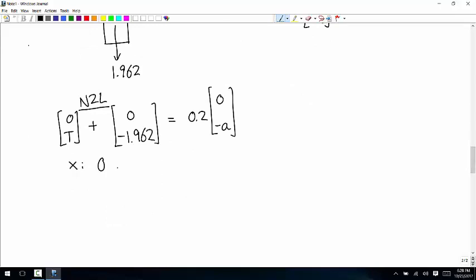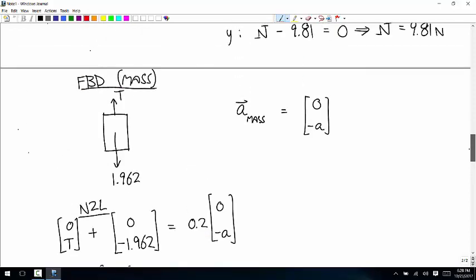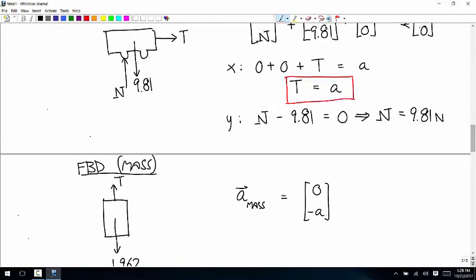The x equation says 0 equals 0, so that definitely doesn't help. The y equation says T minus 1.962 is equal to negative 0.2a. And so now this one and this one, those two red boxed equations, are a system of two equations for two variables, and you can solve it.